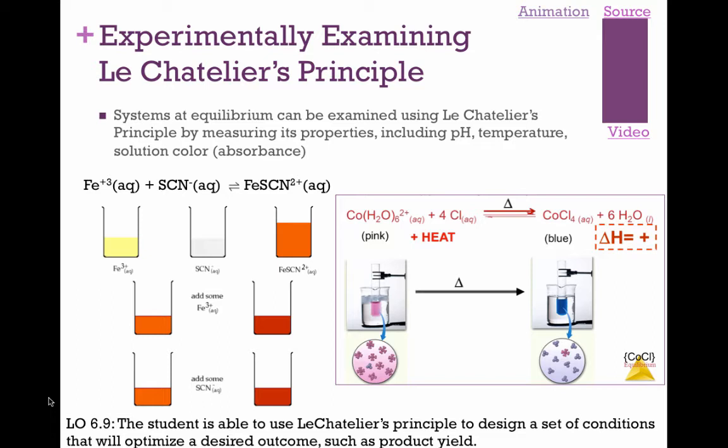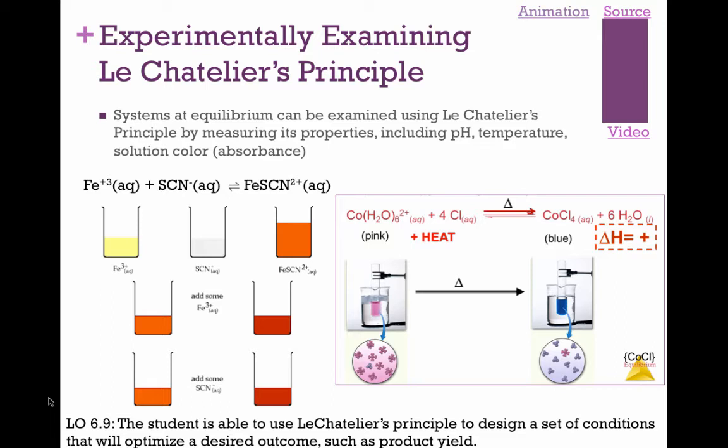This is where that animation comes in, because you can examine equilibrium using Le Chatelier's principle in the lab. You did a lab, I think, with iron thiocyanate, using colorimetry because it changes colors.